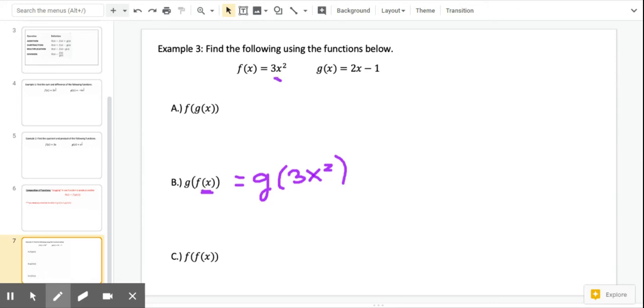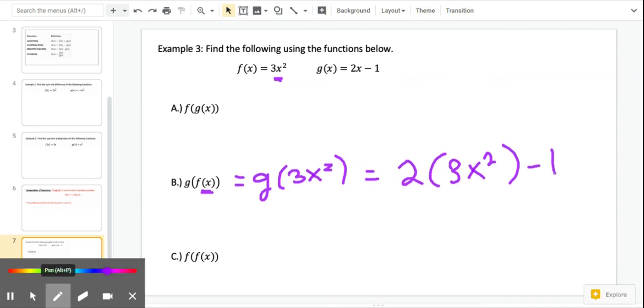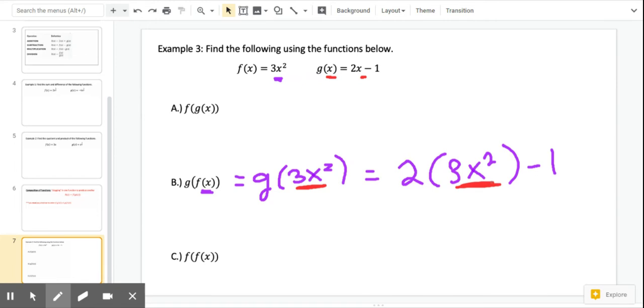And now I'm going to take the x in g of x and substitute this in for x. So it's going to be 2 times 3x squared minus 1. So you can see here that I took this x and replaced it with f of x. f of x is 3x squared. So I took the x in g and replaced it with what f is equal to.